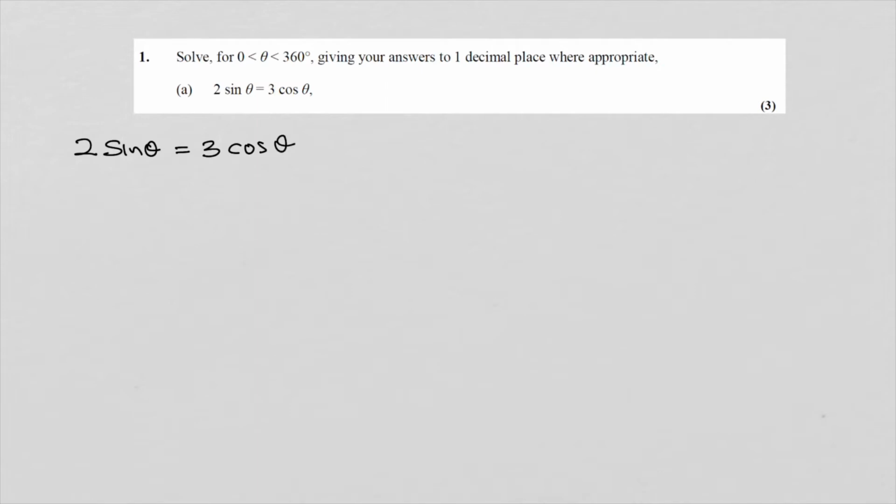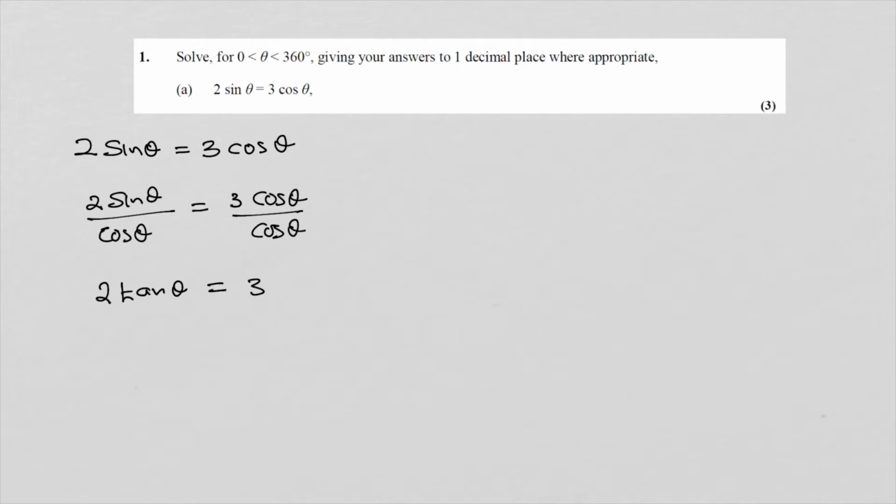The best thing to do is to divide both sides by cos theta. 2 sine theta over cos theta equals 3 cos theta over cos theta, and that will become 2 tan theta equals 3. Then we need to divide both sides by 2. So now we know tan theta equals 3 over 2.